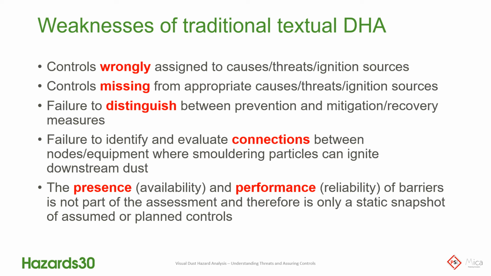And ultimately, as a living document, the bow tie can track and indicate the presence and performance of the barriers. So these are available for the lifetime of the facility, whereas worksheets or spreadsheets are only a static snapshot of the assumed or the planned controls on the day of the assessment.